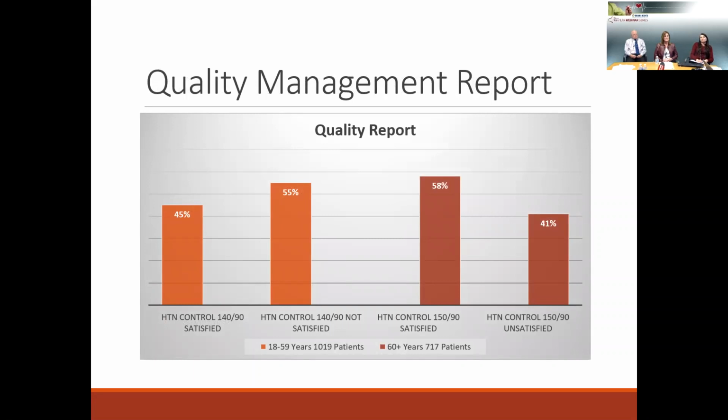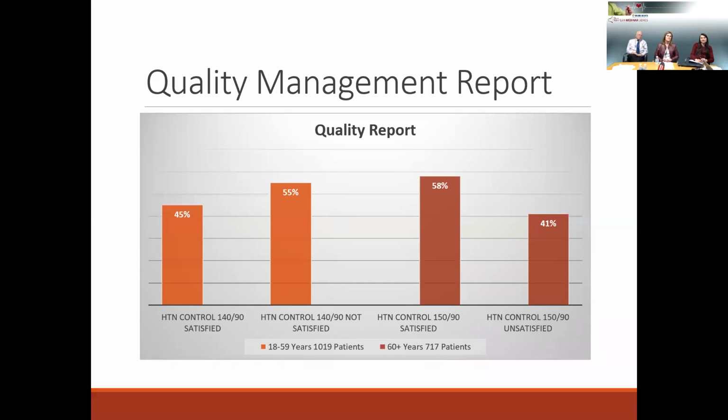Quality management report is where I started when I first came on. Our quality management team is still also being refined, and again, we're still just moving along in regards to getting that really rolling well. So we're just a very small team. This report here is the most recent report that I pulled. We're a part of the ACO here in Salt Lake City, and these are our most current numbers that show a hypertension control rate for 140/90 is satisfied.